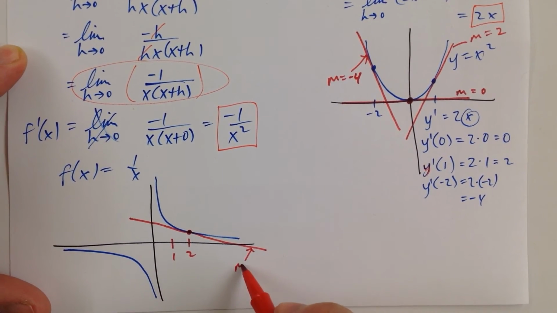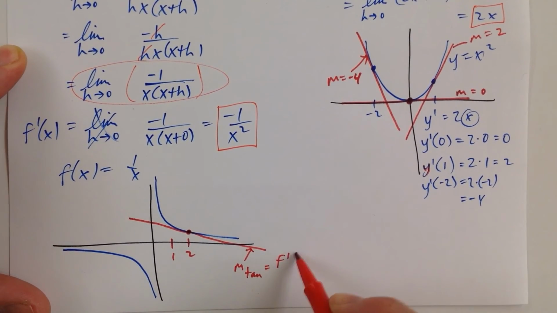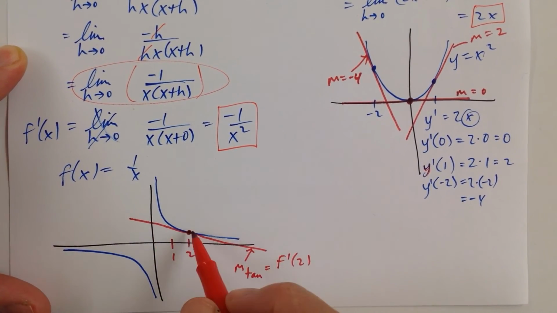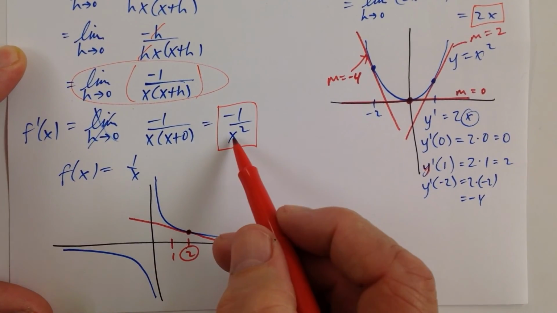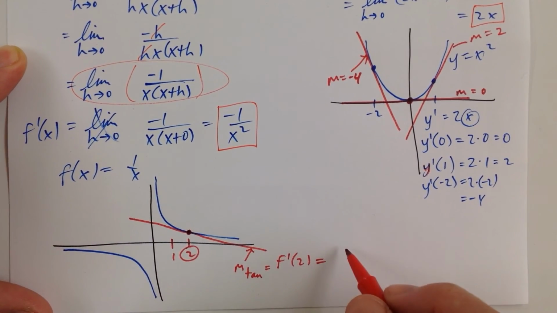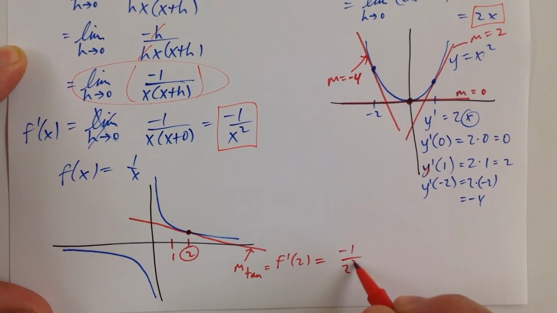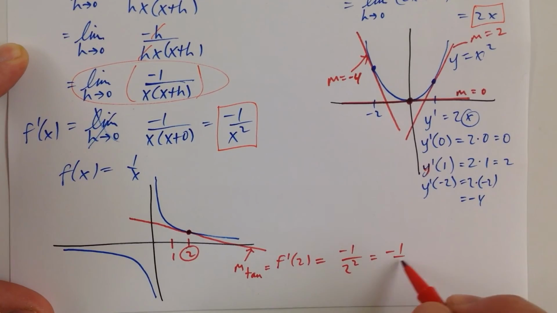So the slope of the tangent line is equal to f prime at 2. You just replace x here with 2. So you go minus 1 over 2 squared, and you get minus 1 over 4.